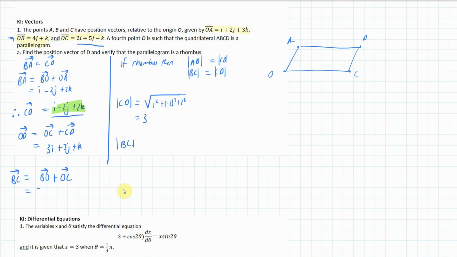So I think it's 2i plus j minus 2k. And therefore, when we do the modulus of it, it's going to be the square root of 2 squared plus 1 squared plus minus 2 squared, which also gives us a 3. There we go. So, yes, it is a rhombus because the sides are equal.